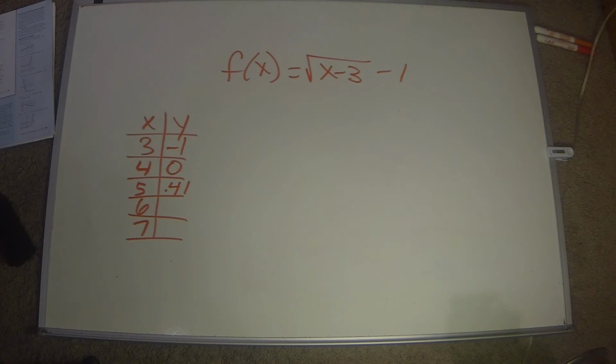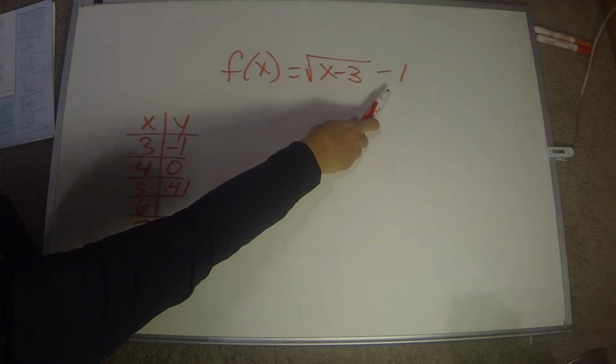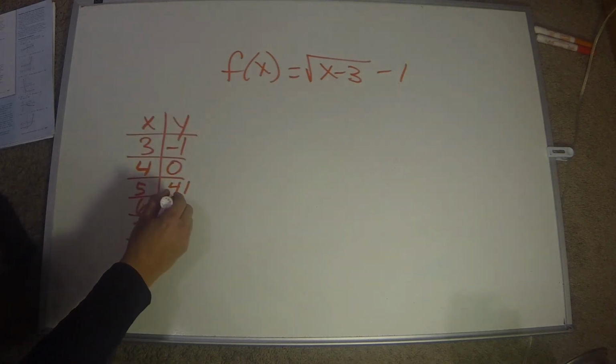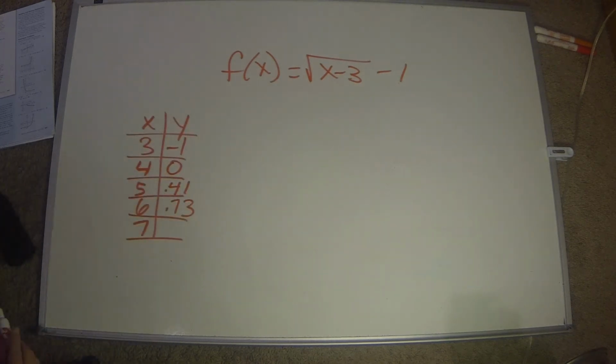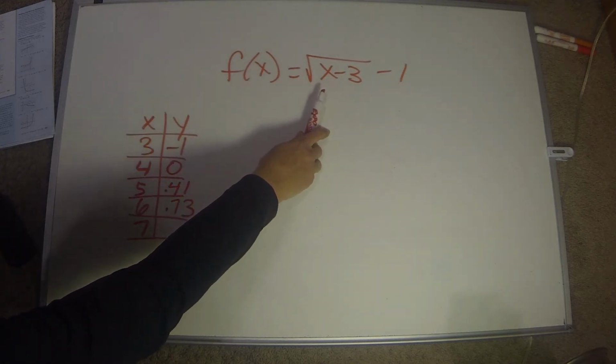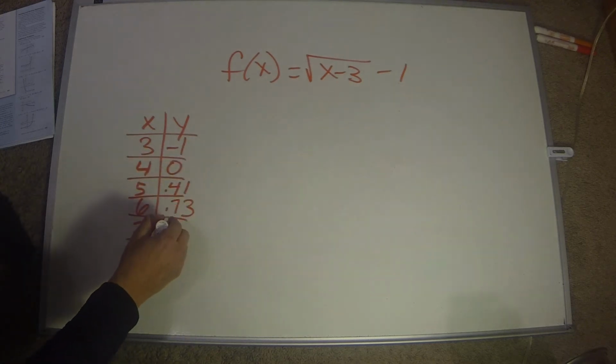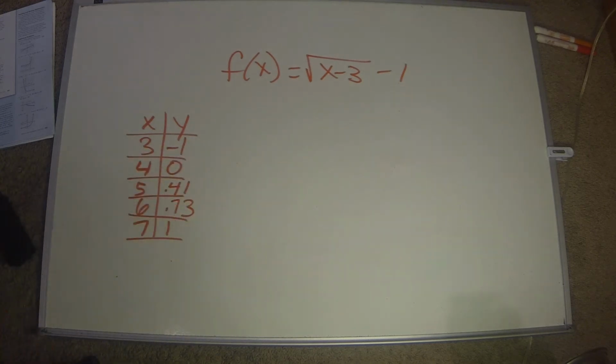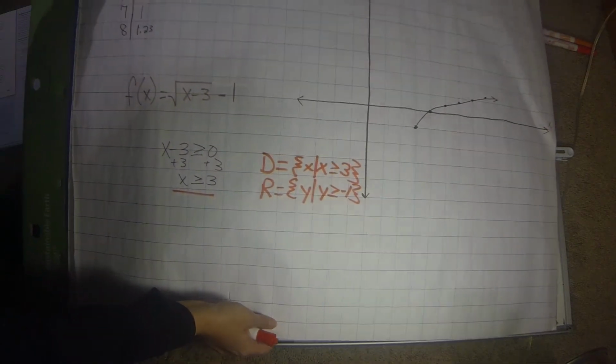The square root of 3 is 1.73. 1.73 minus 1 is going to be 0.73. If we plug in 7, 7 minus 3 is 4. Square root of 4 is 2. 2 minus 1 is 1. So that gives us our numbers that we can use to plug in for our graph. And I'll bring a paper of graph paper here.